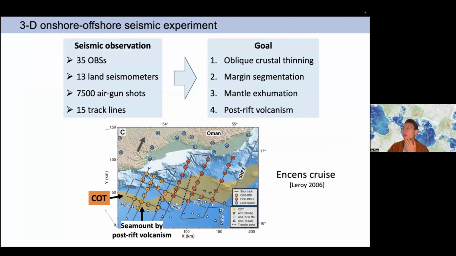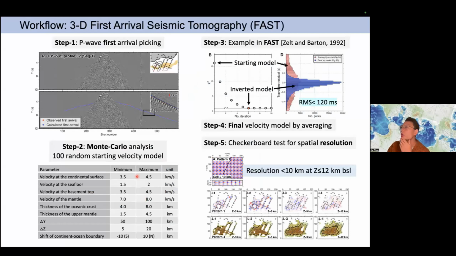Our goal of this 3D seismic experiment is to investigate the oblique crustal thinning of the continental breakup and the margin segmentation, to verify if there is any mantle exhumation, and to look at the post-rift volcanism in this segment 1.